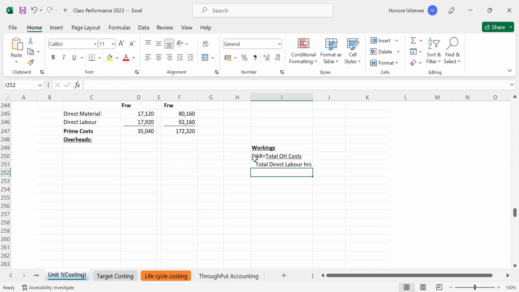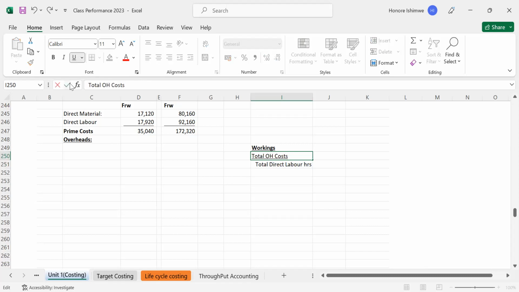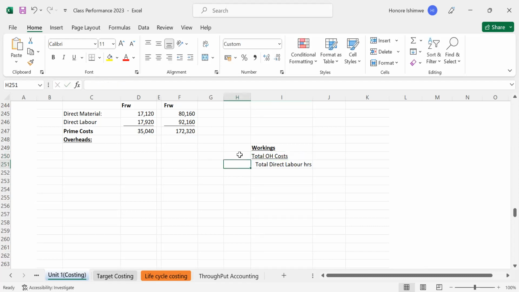Is it okay? So you'll have your overhead absorption rate. Let me put it here, maybe you can see it. Overhead absorption rate. This will be my workings, my first step.